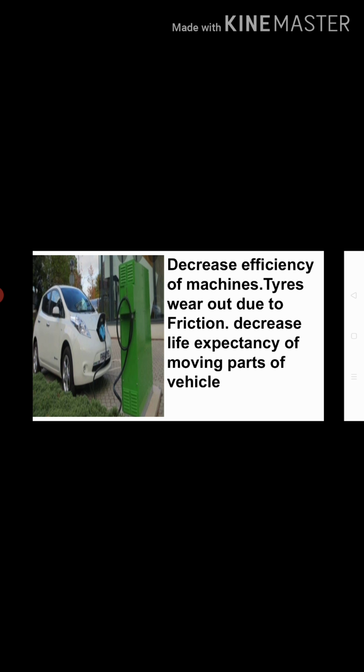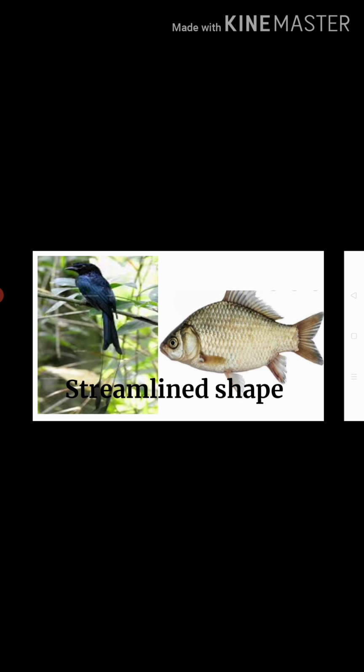So, our third factor is shape of the object. Where do you think scientists get a hint for this special shape? From nature. What is the shape of birds and fishes?